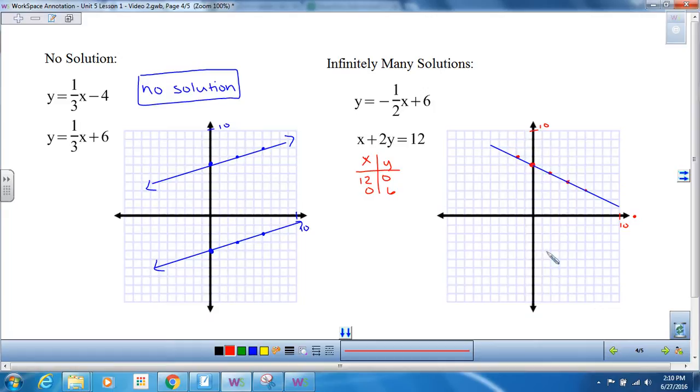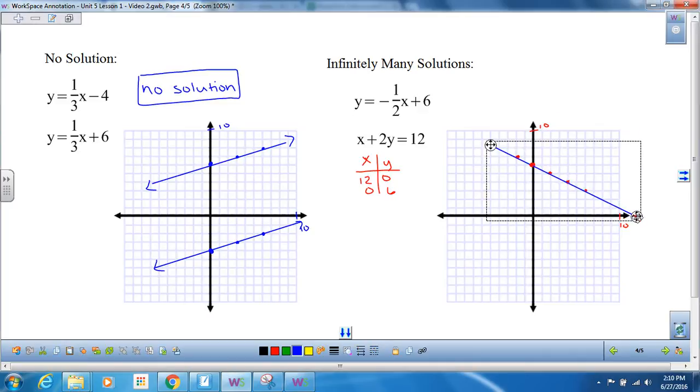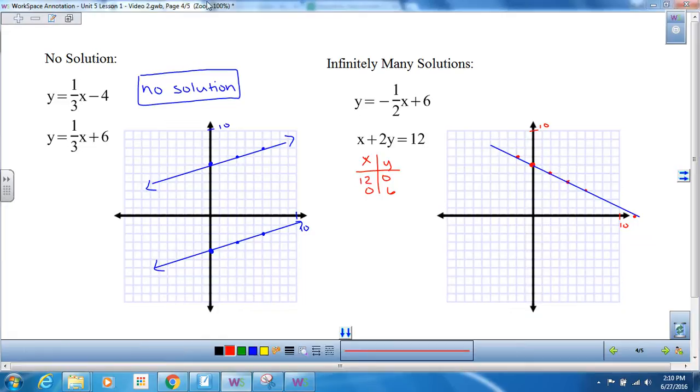And as you can see, if I were to extend this line, they're the same exact line. So since they're the same line, they lie on top of each other, which means that they have infinitely many solutions because they have infinitely many points of intersection.